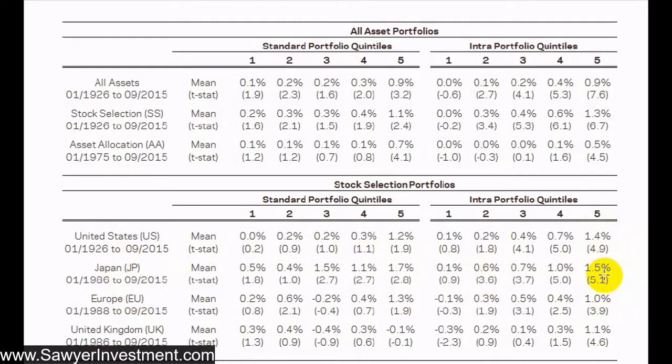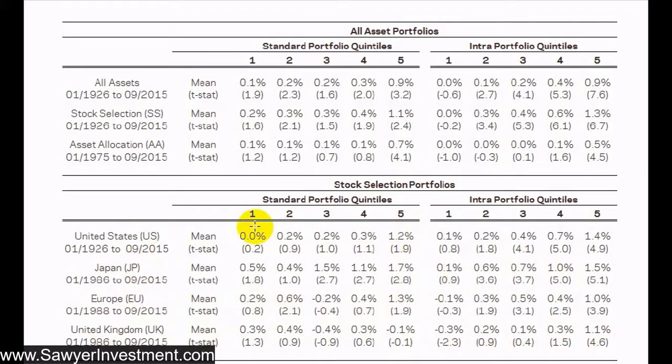We have much higher returns in the wider value spread areas than the lower value spread areas, but not necessarily monotonic increases with each increase in the quintile. And the United Kingdom is somewhat inconclusive, where actually the widest value spreads result in lower returns than the lowest value spread. So the United Kingdom doesn't really follow the results of the other regions.